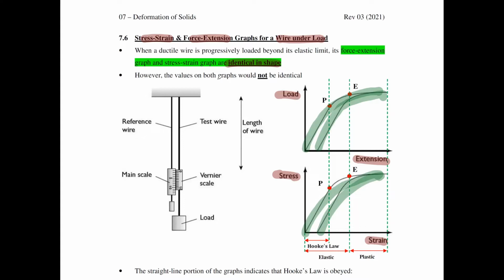But the values would be different. The reasoning is this: load is F, extension is e. When you go to stress, it's F over A, and when you go to strain, it's e over L. So obviously the values would be different, but the shape itself will be the same.